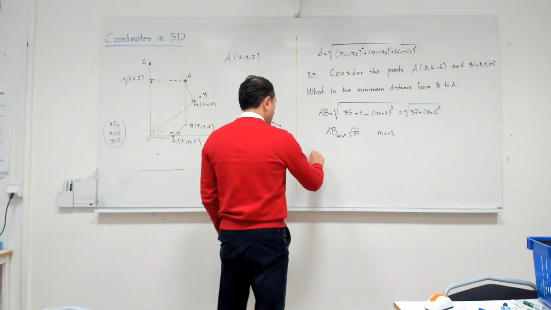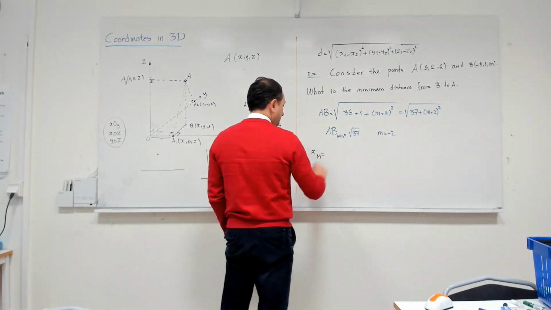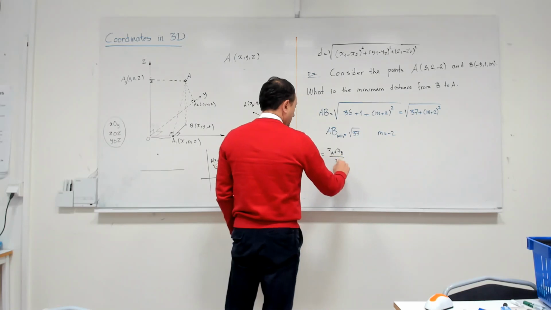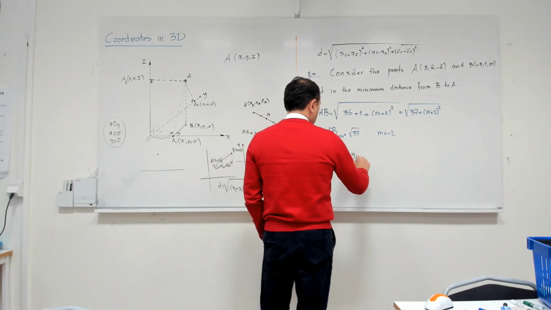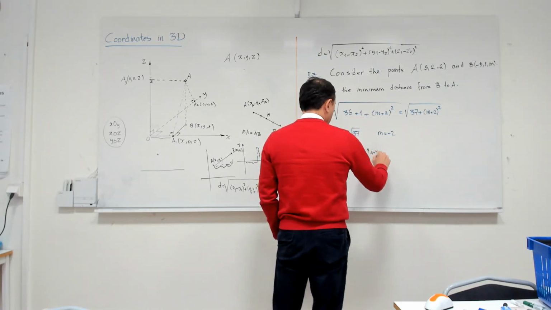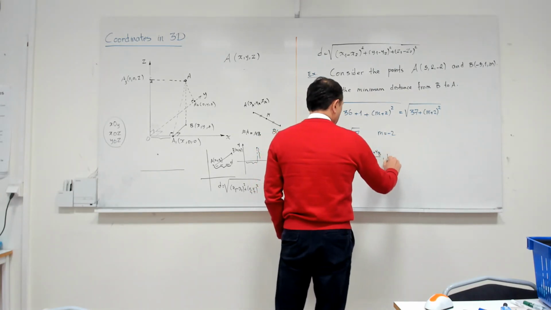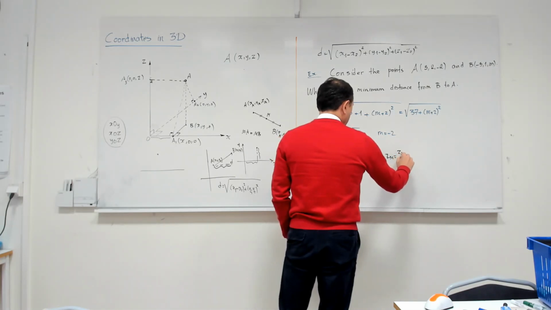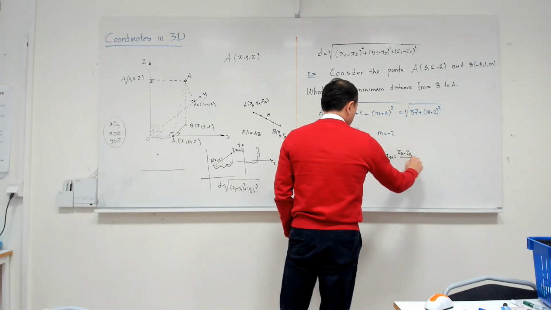Do you remember? X of M is what? X of A plus X of B divided by 2, and then I have Y of A plus Y of B divided by 2, and then Z of M is Z of A plus Z of B divided by 2. Yes?